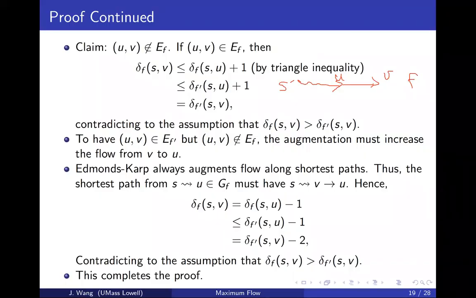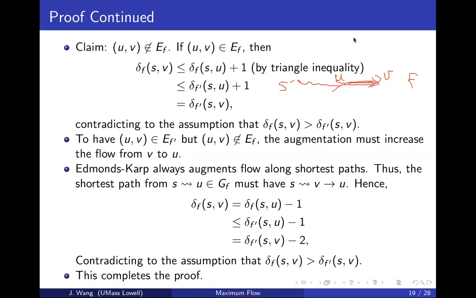On this path, the distance from S to V in F will be less than or equal to the distance from S to U plus this edge, because it is in E of F, plus 1 because of adding this edge.